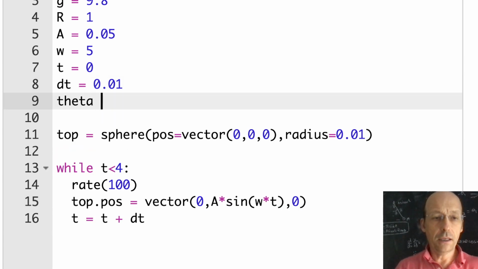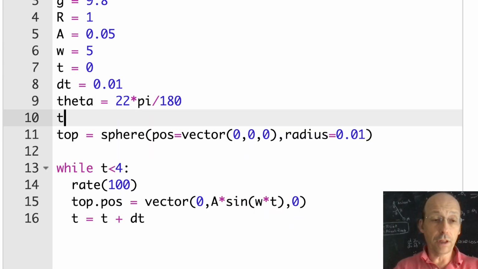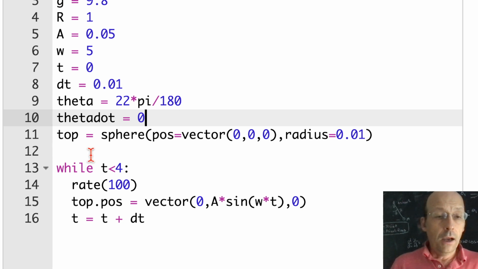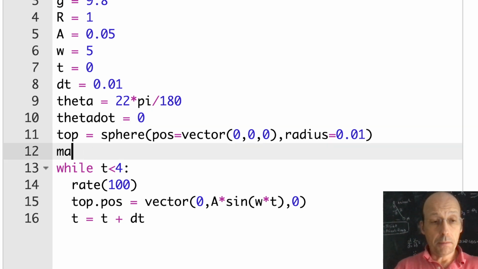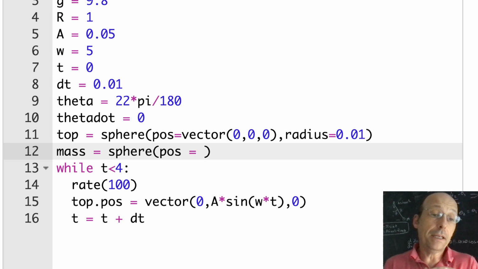Okay, now I need an initial angle. So theta equals 22 times pi over 180. I'm going to need initial angular velocity. Theta dot equals 0. Okay, we'll need those. Let's make our mass. Mass is going to be equal to a sphere. Position is going to be equal to, since my top is initially at the vector 0, 0, 0, it doesn't really matter, but let's just go ahead and type in our normal equation for x, y, and z. So it's going to have a vector.